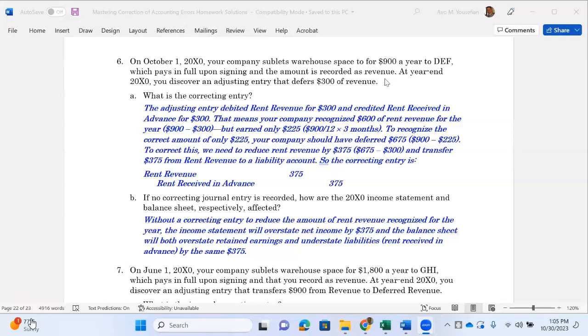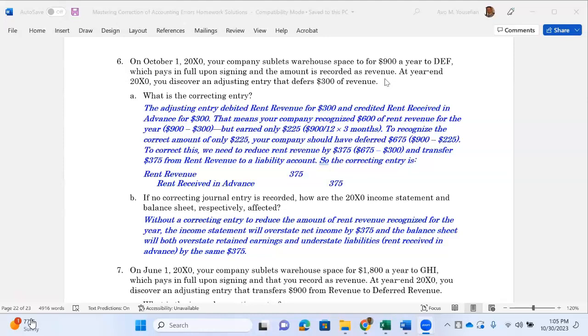Create your T account, please. I'm doing the same thing. So my cash is debited for $900, and it says upon signing is recorded as revenue. So rent revenue will be credited for $900.